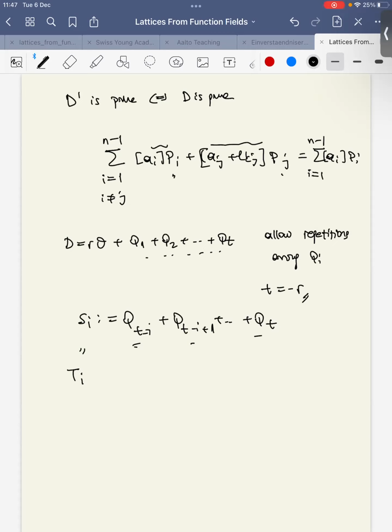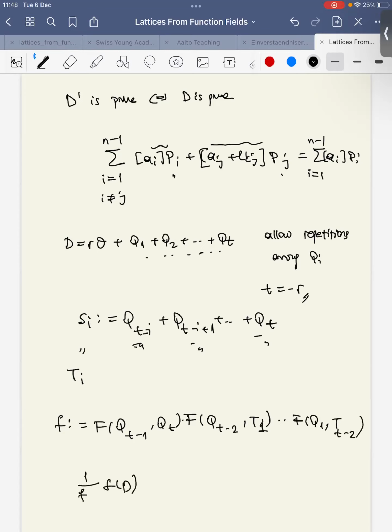So in this case, with respect to these rational places or rational points, if we set a function which relates Q_t, the product of the functions which relates Q_ti and T_j's, we can see that 1 over f, L of D is indeed the Riemann-Roch space of minus O plus T_{t-1}.